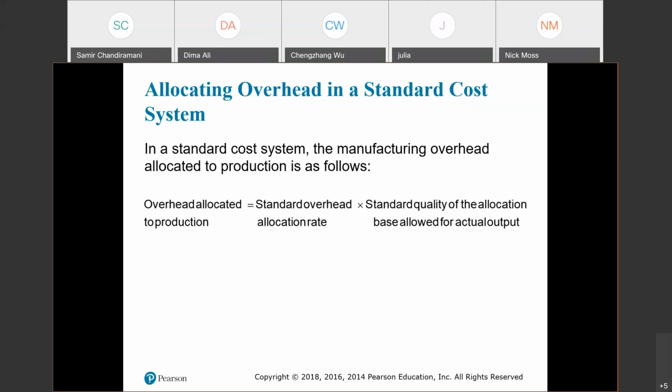In a standard cost system, the standard overhead allocation rate replaces the predetermined overhead allocation rate, but the concept is the same. It is a rate calculated during the budgeting process when other standards are determined.